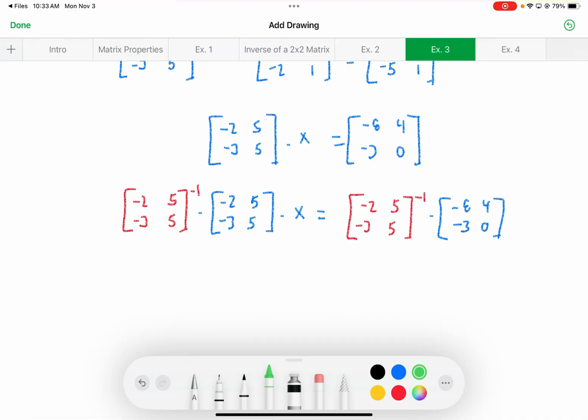Now again, we know that a matrix multiplied by its inverse should yield the identity matrix. So these two right here should produce this matrix.